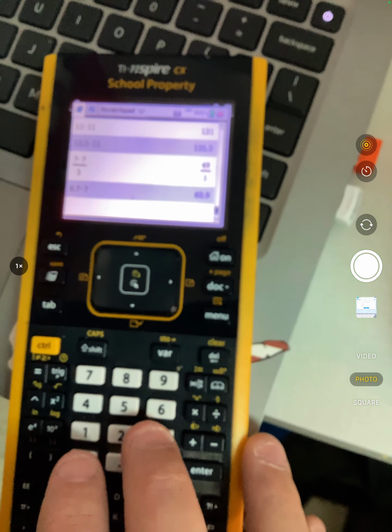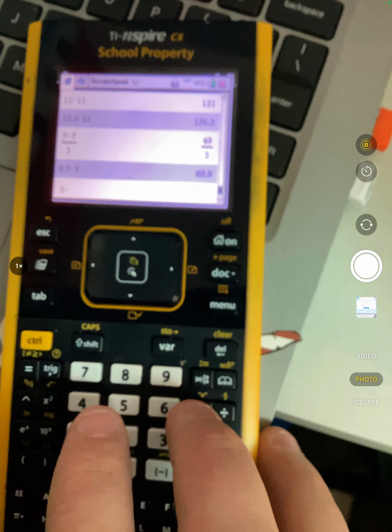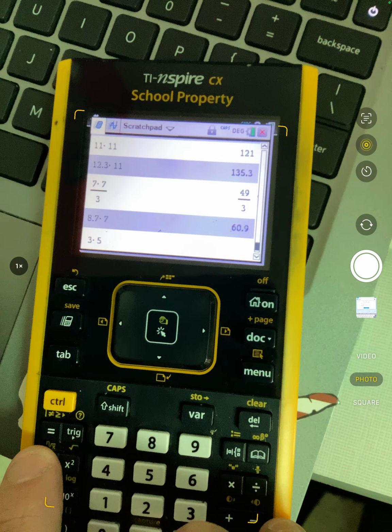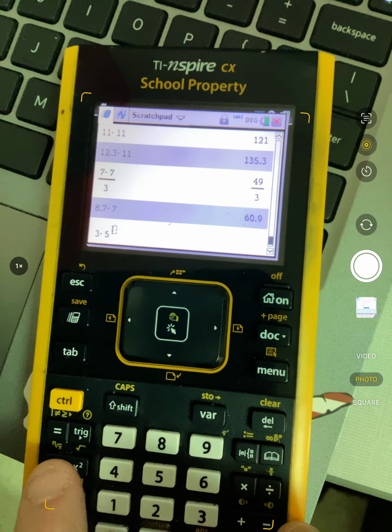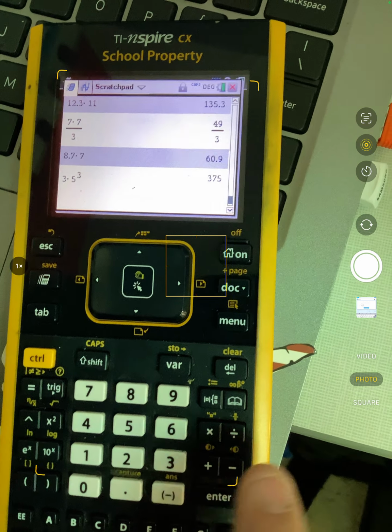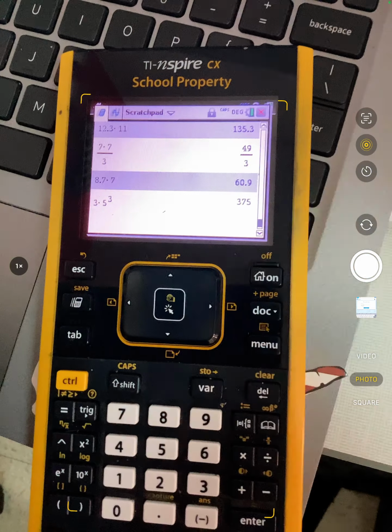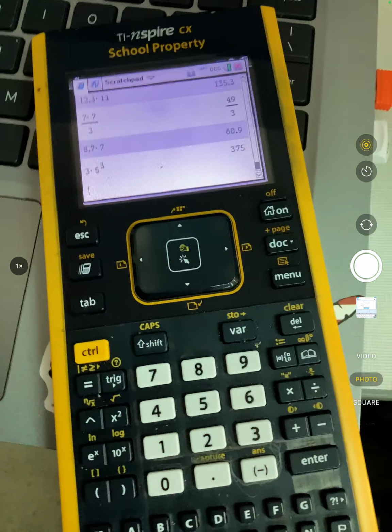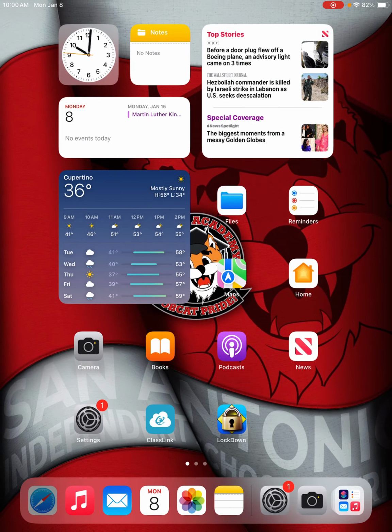We would go with 3 times 5 raised to the, well, it says when x is 3, we put a 3 there, and we hit enter. That gives me 375, and that's what I'm going to put on that first blank, is 375.